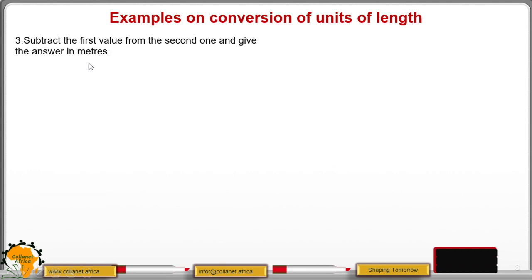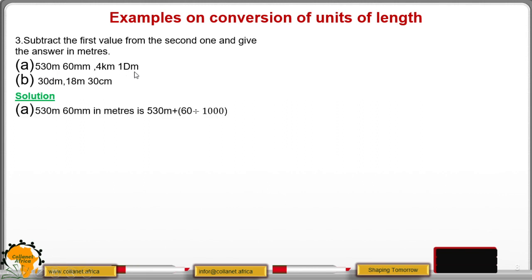In this example, you're supposed to subtract the first value from the second one and give the answers in meters. So we have the first and the second. If you look at the first value here, we are given meters and millimeters, and in the second value, you are given kilometers and decameters. So the first thing is to convert all the terms into meters.